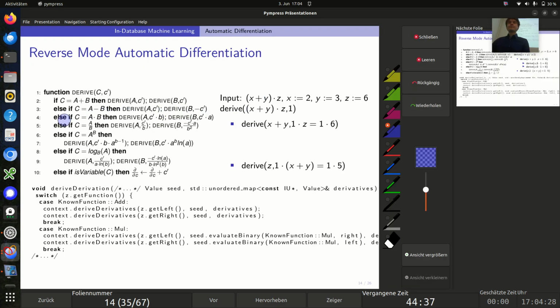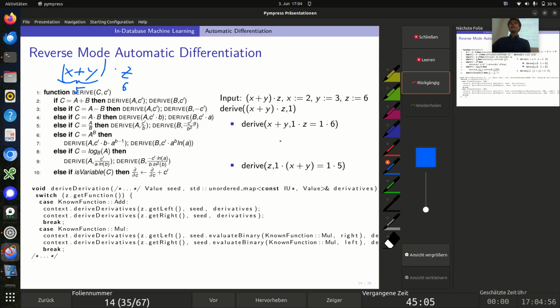So basically we had x plus y times z, and therefore for the left side x plus y would be 5 and z was 6. So we once call it with 6 and once with 5.